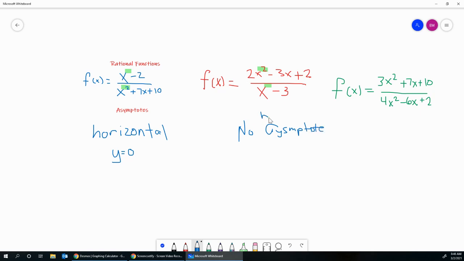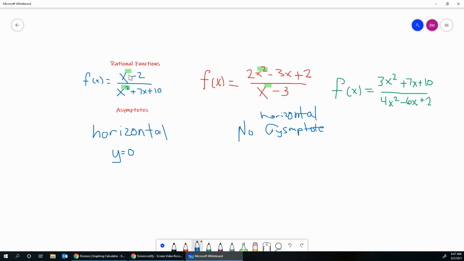And I should put no horizontal. There is a vertical asymptote at x equals positive 3 because positive 3 would cause the function to be undefined at x equals 3. Okay, so that's our first two rules.